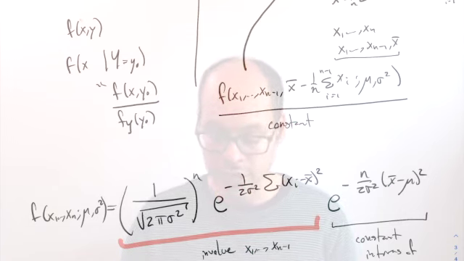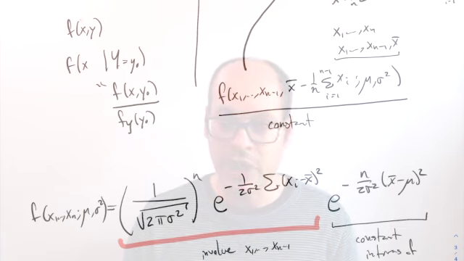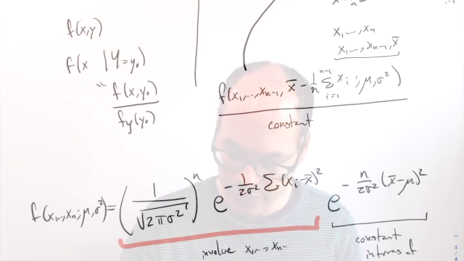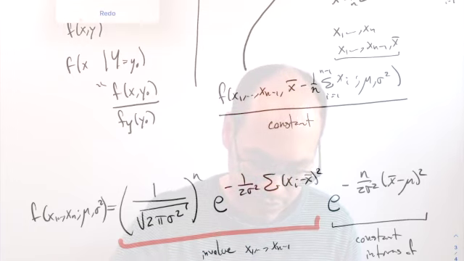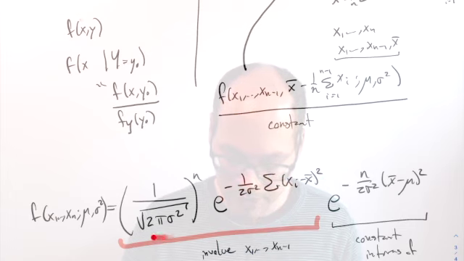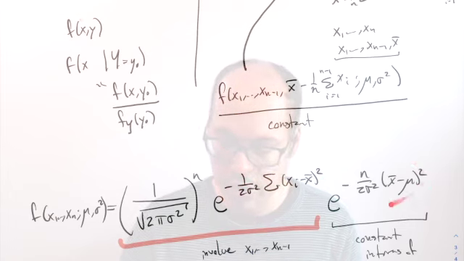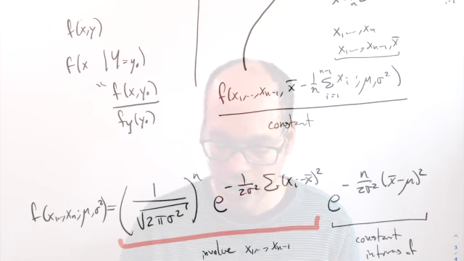And what does that mean? That means that really my distribution is this animal right here. And this is just some scale factor. And then what am I going to do?